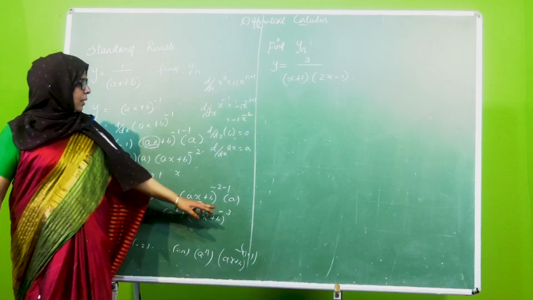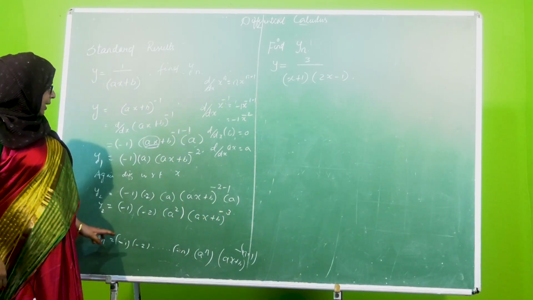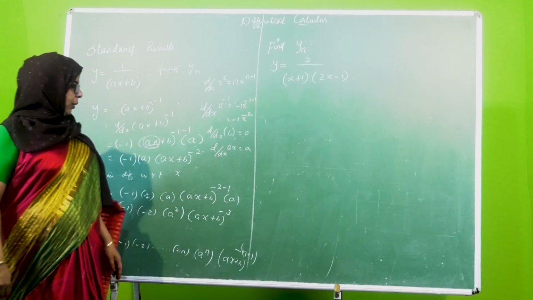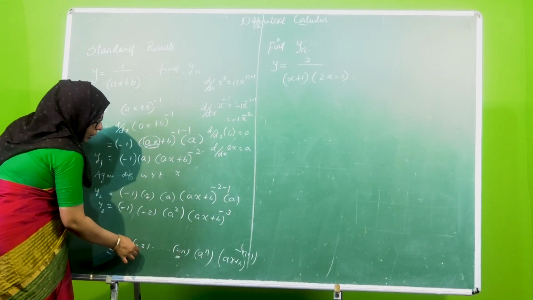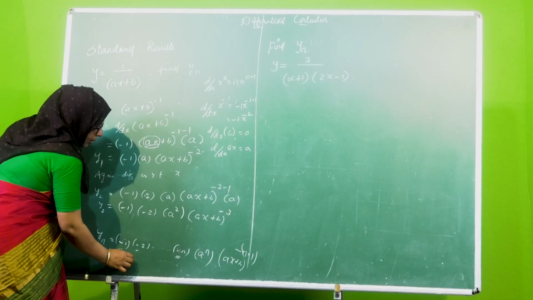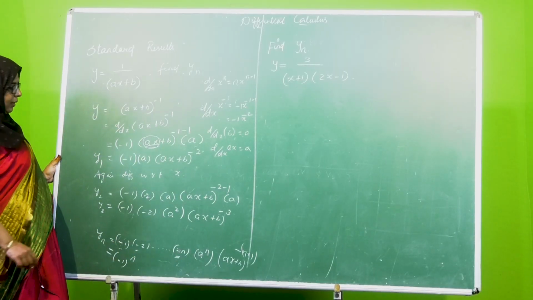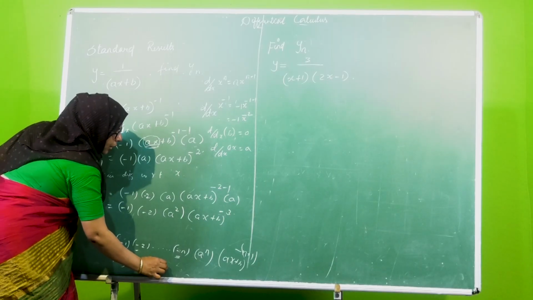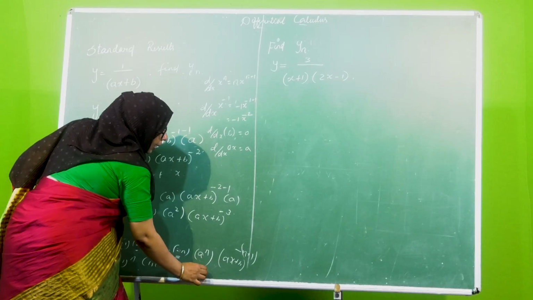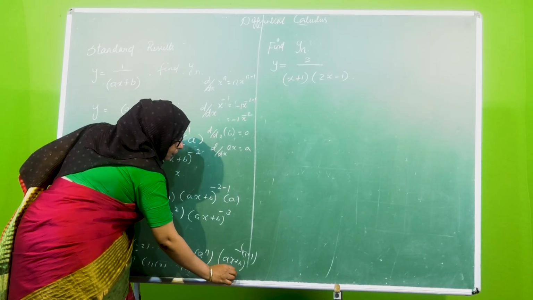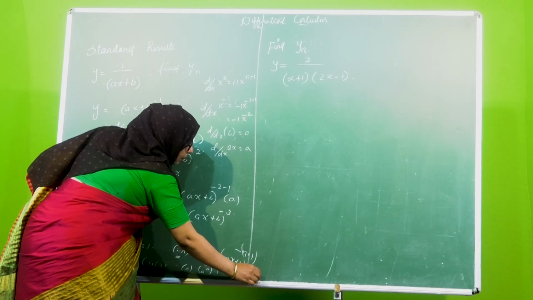So, y2 is minus 3, so yn is n plus 1 minus 1. So, minus is common in all terms. So, we are getting minus 1 whole power n, 1 into 2 into etc. up to n, a power n ax plus b whole power minus of n plus 1.